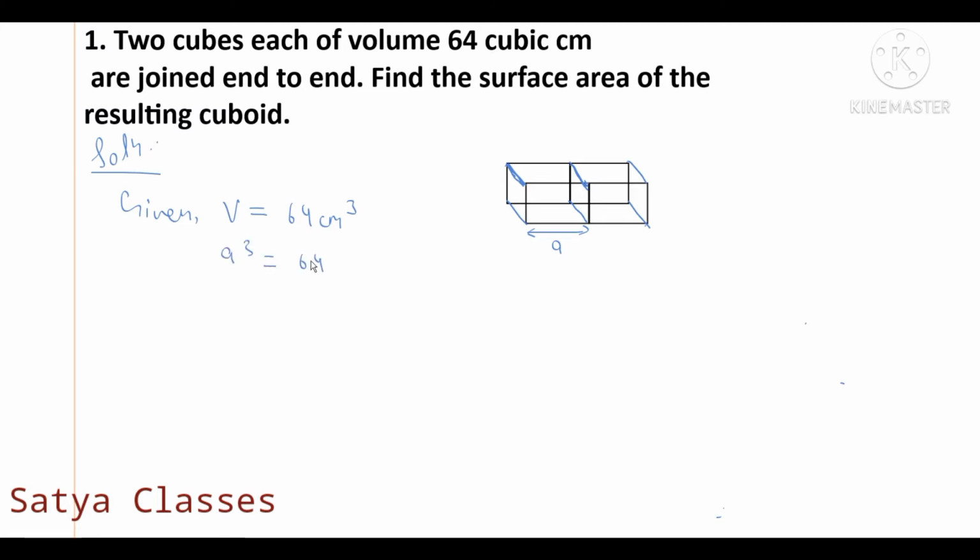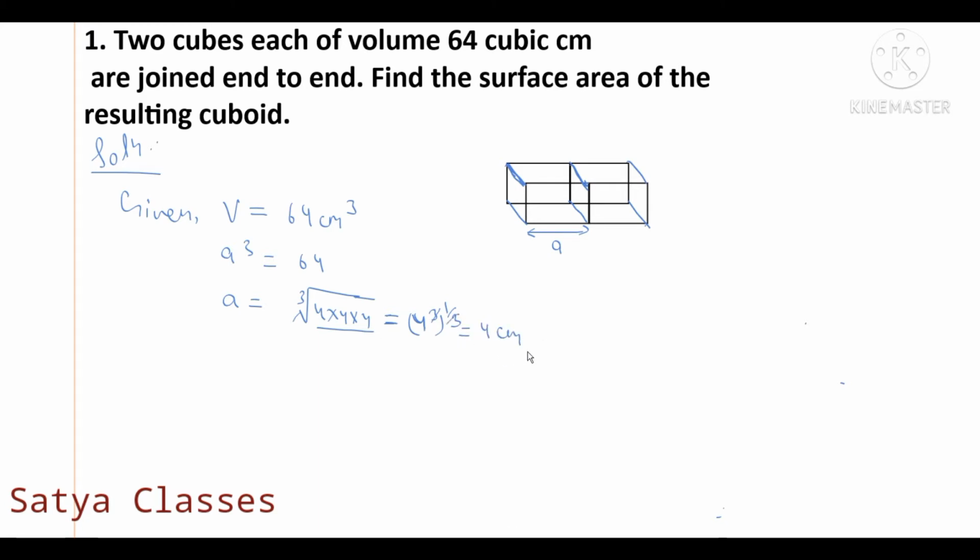I think you know this formula of the volume of a cube. If you don't know, I'm telling you the volume of a cube is A cubed. So as you solve this, the cube root of 64 is 4 into 4 into 4, which is 4 to the power 1 by 3 times 3 cancelling each other, and you will get 4 centimeter.